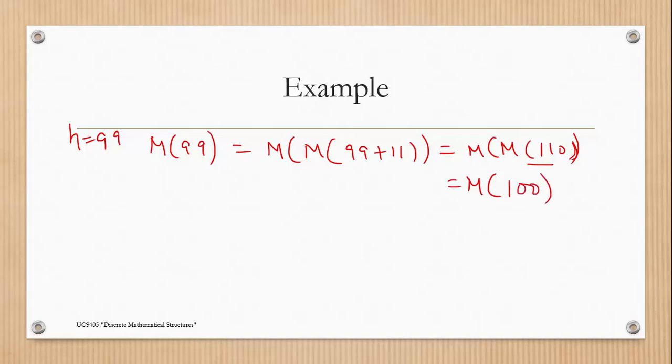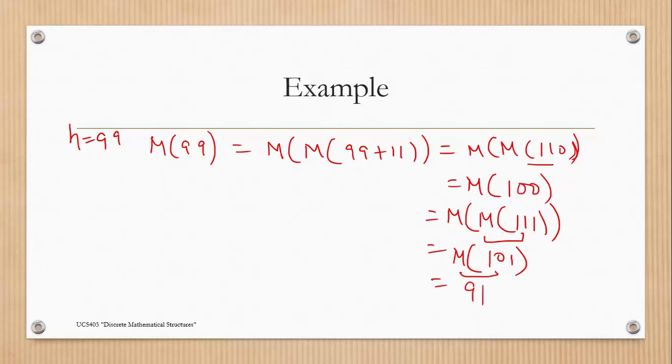Then again second case will apply, which is equal to M of M of n plus 11, that is 111. Now again solving this, first case will apply, which is equal to n minus 10. So this is 101. Then again first case will apply, which is equal to 101 minus 10, that is 91.